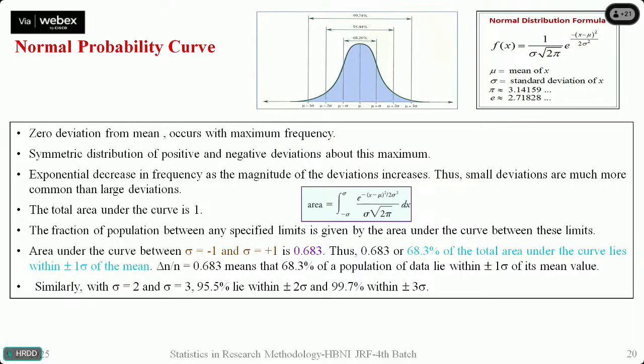When you go to mu plus or minus 3 sigma, mu is the center point, then you have 99.7%. So if you want to include the entire thing, mu plus or minus so and so, the larger the number of sigma points, you will get inclusive one.